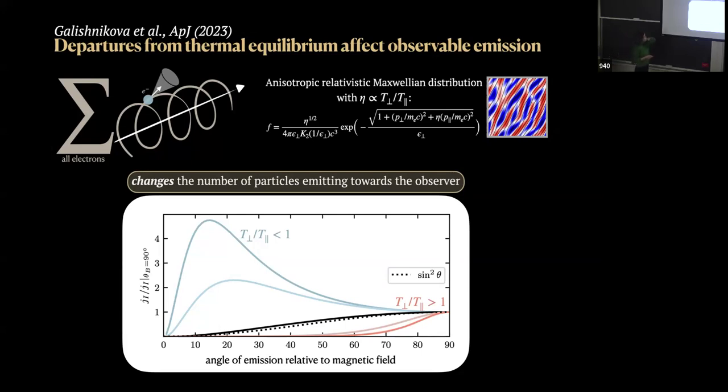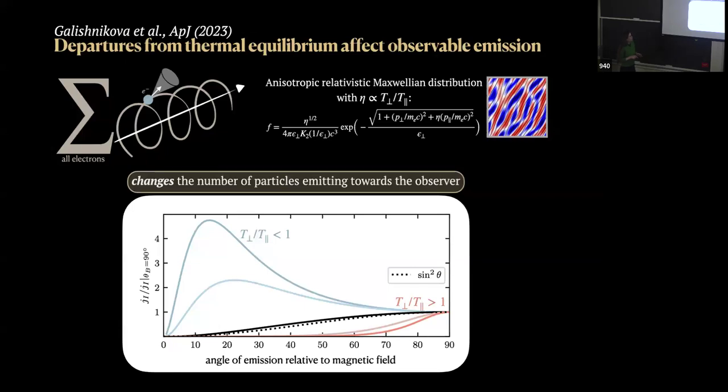So this is the anisotropic relativistic Maxwellian distribution that we looked at. This is the usual thermal relativistic distribution, but now you have perpendicular momentum and parallel momentum decoupled from each other and parameterized by this eta parameter here, which is roughly the ratio of perpendicular and parallel temperatures.